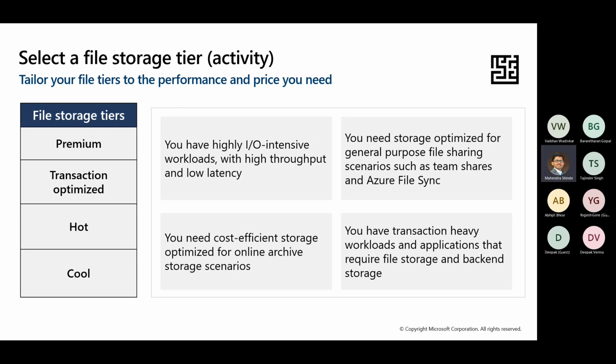It provides better IOPS and a better rate of transactions, and also comparatively cheaper transactions. The hot tier will give you better transactions or IOPS than cool, but not as good as transaction optimized or premium. Their cost will also be relatively less. And cool is the cheapest option here in this particular slide.